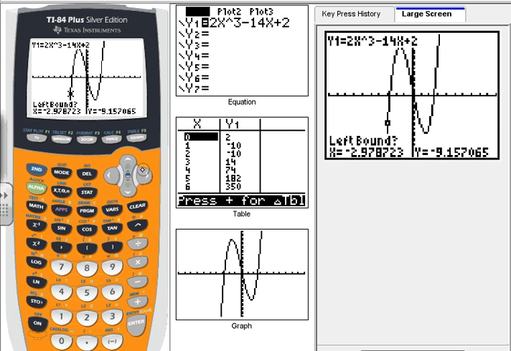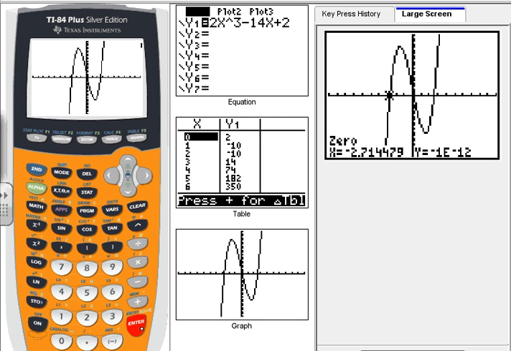If you go just to the left of where you see that first x-intercept and push enter, then go just to the right of it, push enter, guess, push enter, and you notice that y equals 0, and x is equal to negative 2.714.